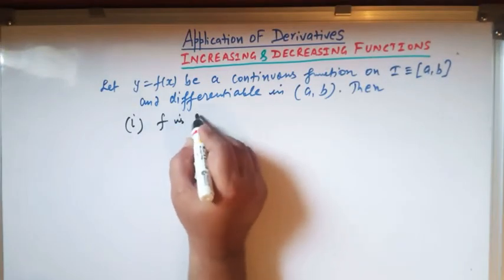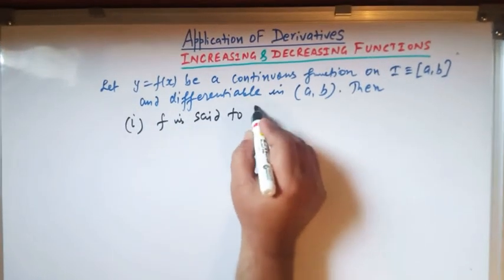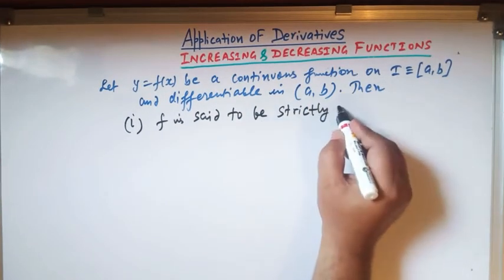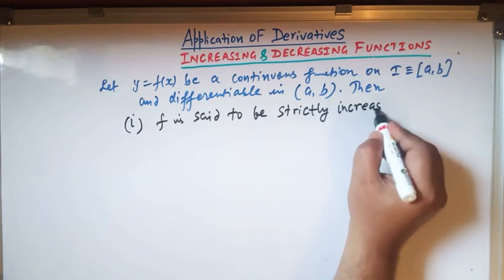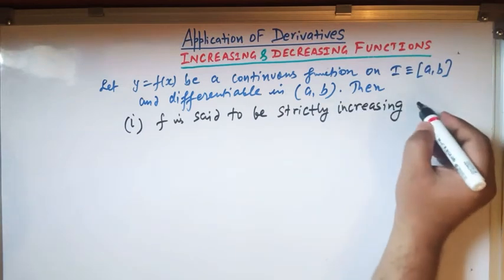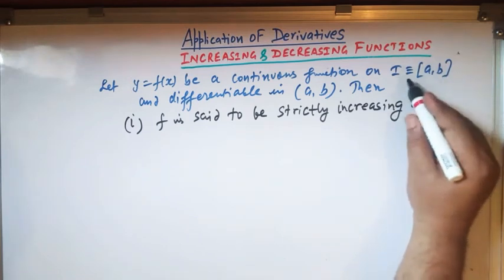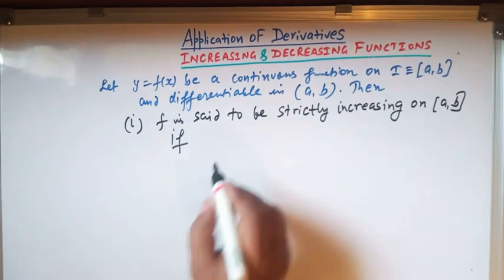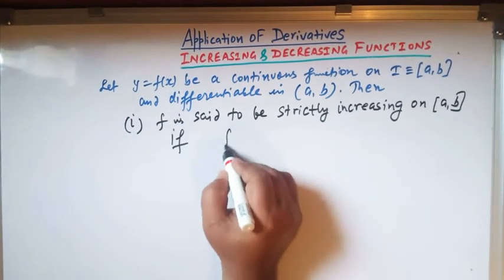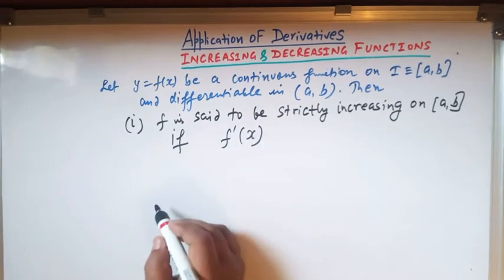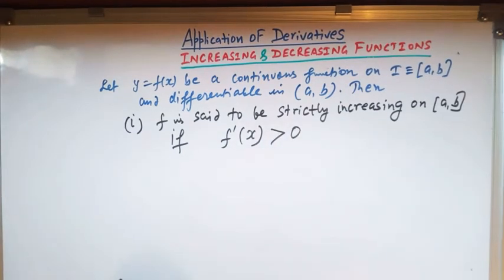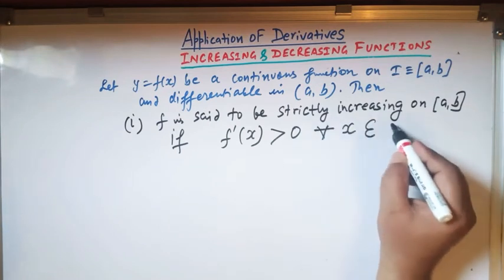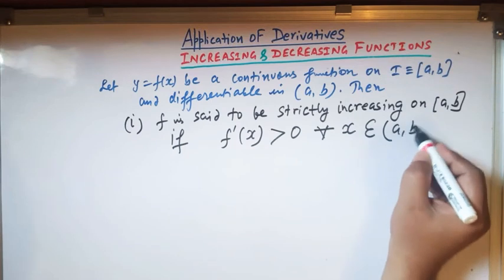Then f is said to be strictly increasing on this interval I, which is [a, b], if the derivative of f, that is f'(x), is greater than 0 for all x belonging to this open interval (a, b).